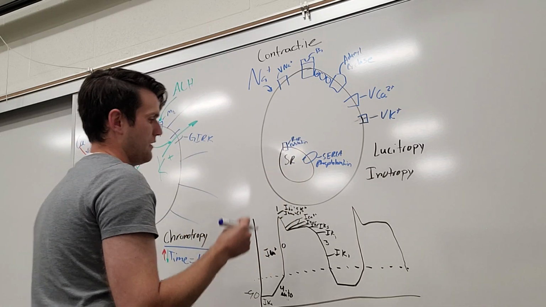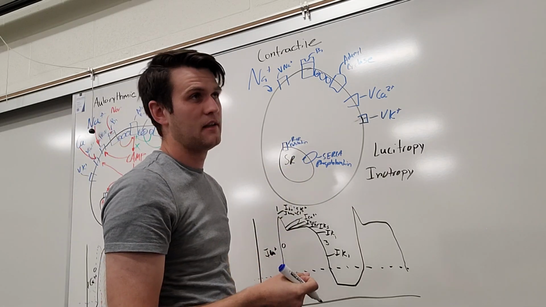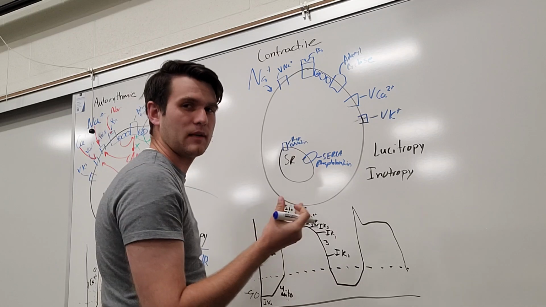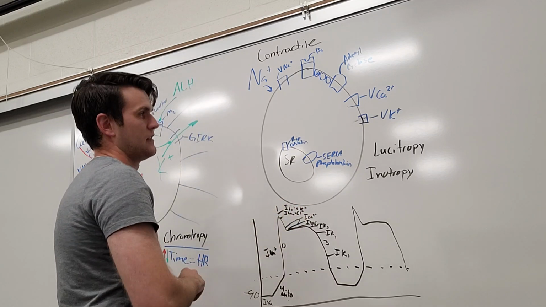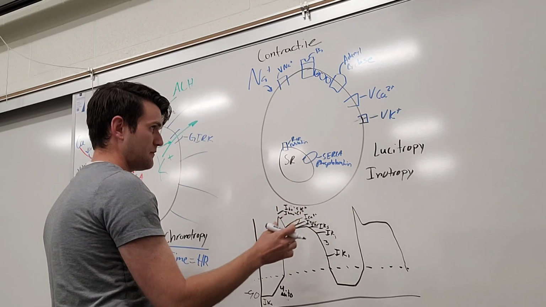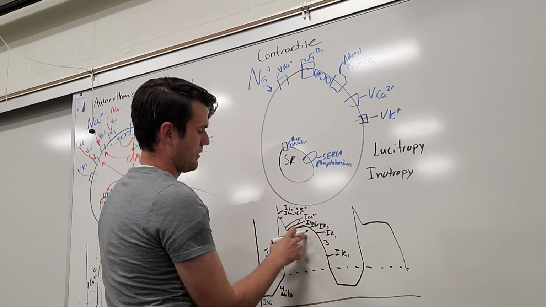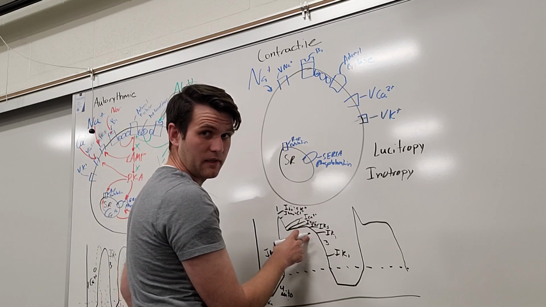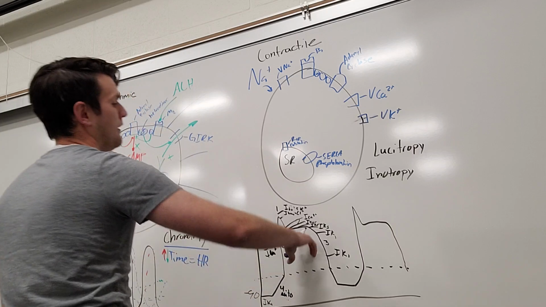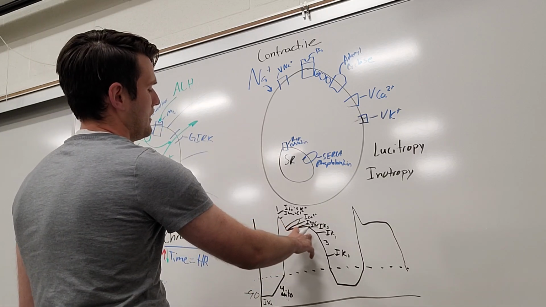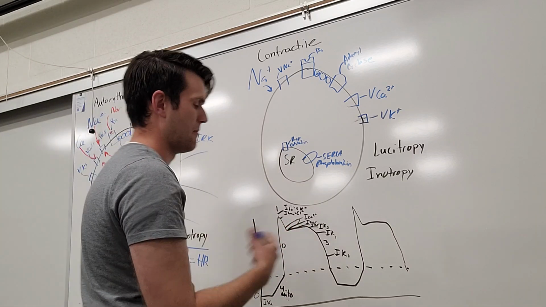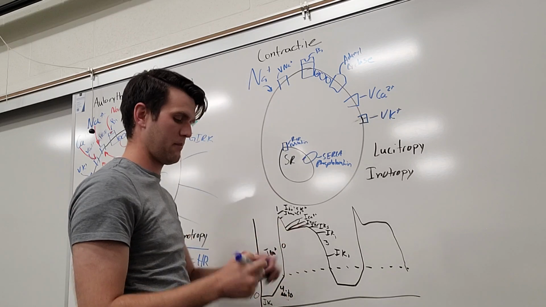Then we have IKr channels open, which are rapid channels, so they don't open as quick as the ultra rapid. Same thing, potassium channels. And then we have our IKs channels open, which is potassium slow.